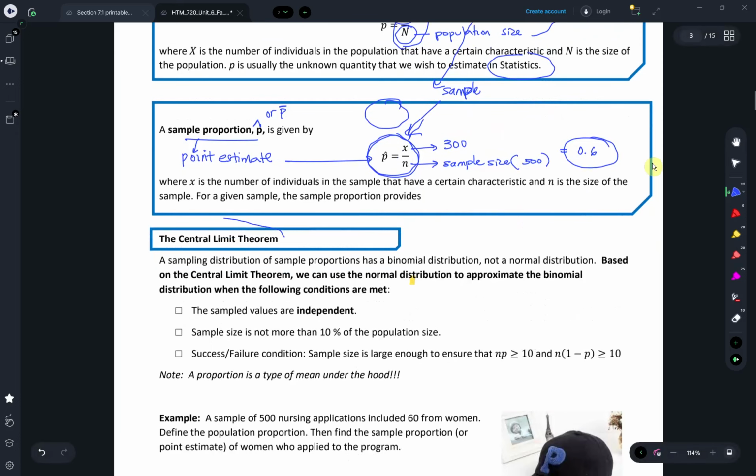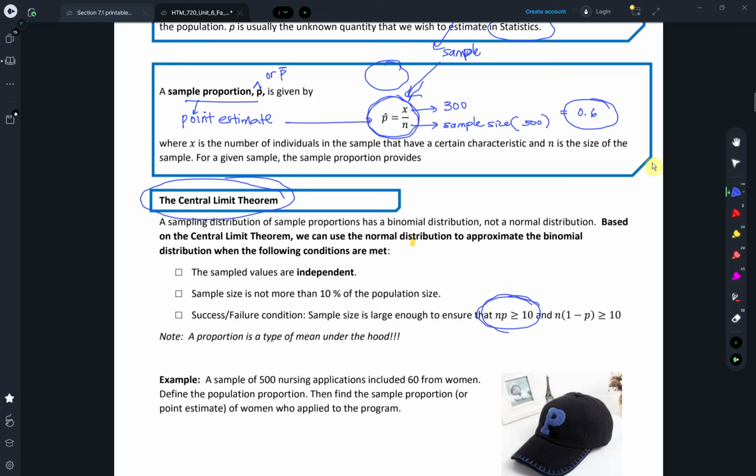According to the central limit theorem in statistics, if n times p, the sample size times the population proportion, is greater than or equal to 10, and n times 1 minus p is also greater than or equal to 10, then the normal distribution will be a very useful model for how your p-hat varies from one sample to another.